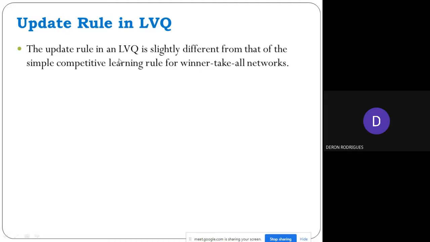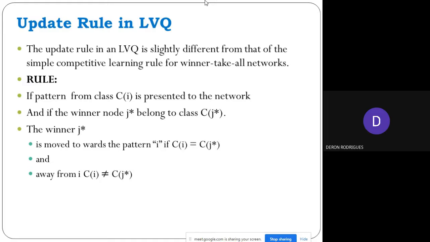The update rule in LVQ is different from that of simple competitive learning networks. In simple competitive learning, we take the winner node and update its weights. Now, what is the rule of LVQ?